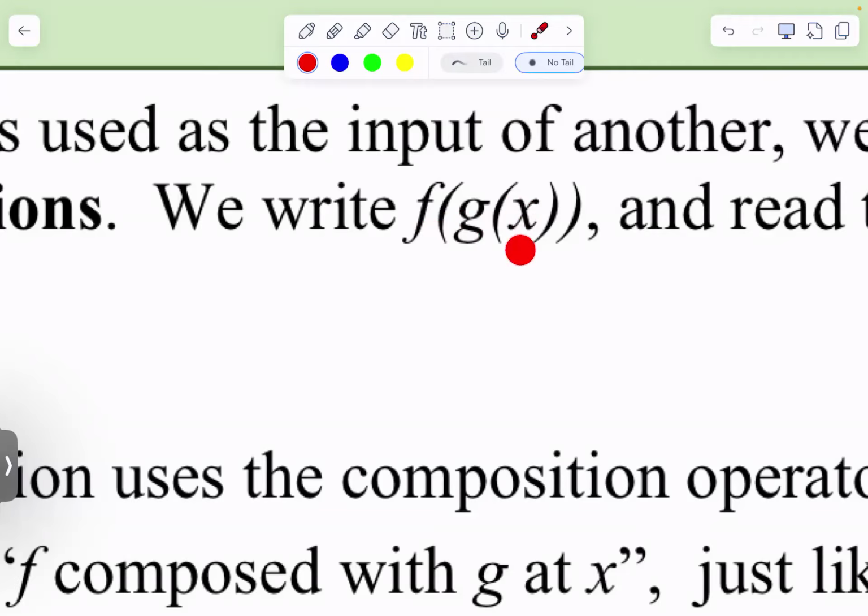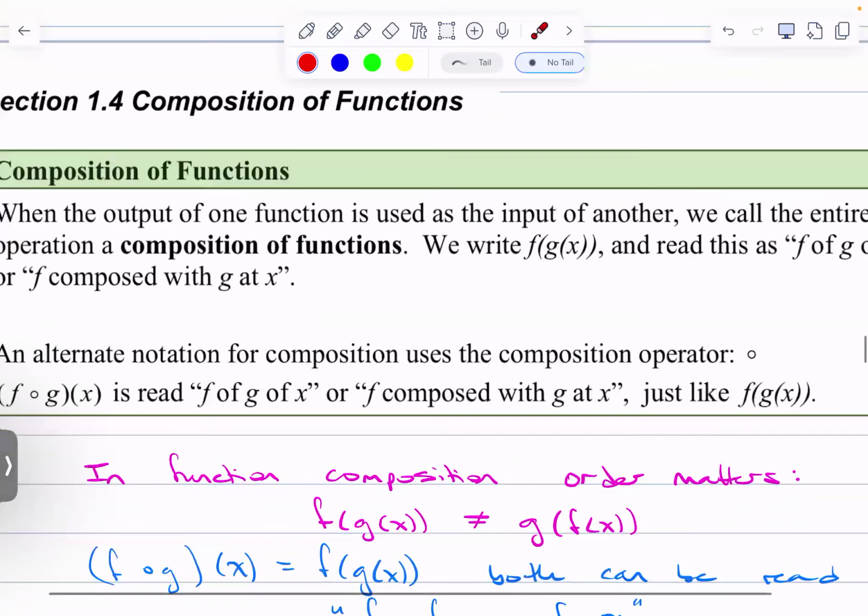It means I use x as my input into the function g, and then I use the output of g of x as my input into f of x. And so it's just two or more steps. You can incorporate as many functions as you want, but we tend to tap out at 3. It gets a little wild at 3 even.